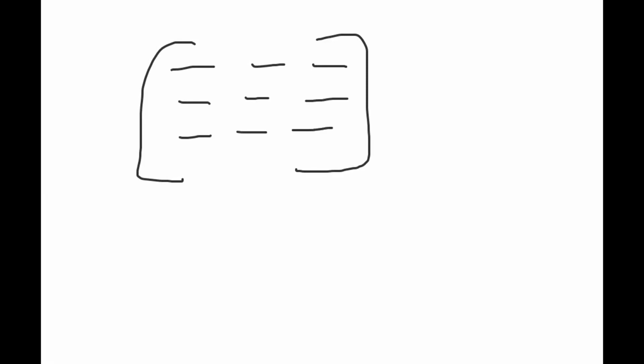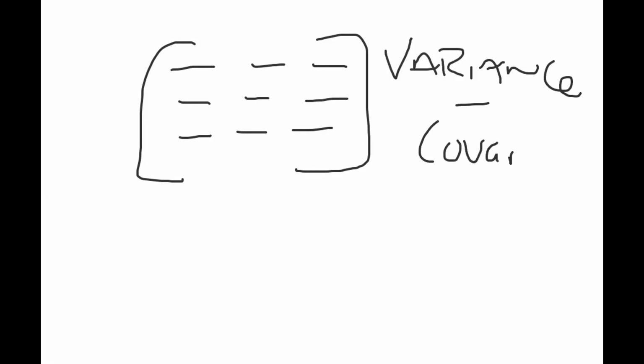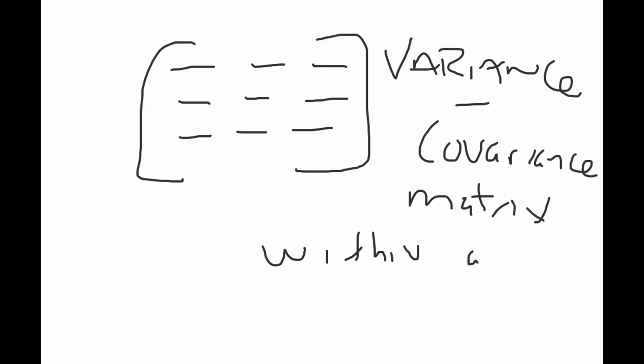So these 3 repeated measures create a variance covariance matrix within a person.